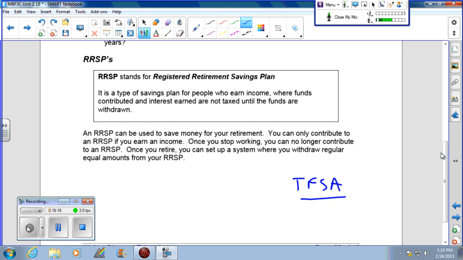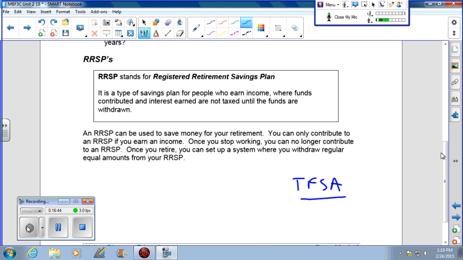So basically, what you do is you take a portion of your pay and you put it in this special account, and the government doesn't charge you tax on that money when you put it in. If your tax rate's 30% or 25%, which in a lot of cases it's going to be something like that, and you put $100 in, then the government doesn't charge you tax on that.